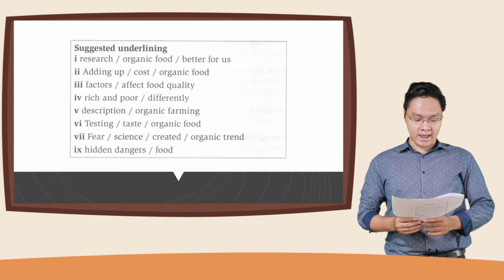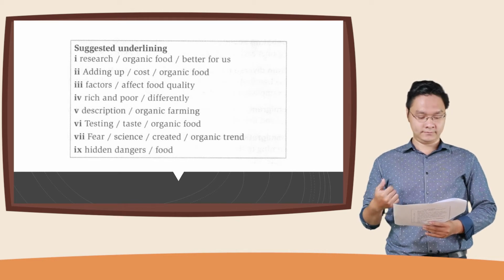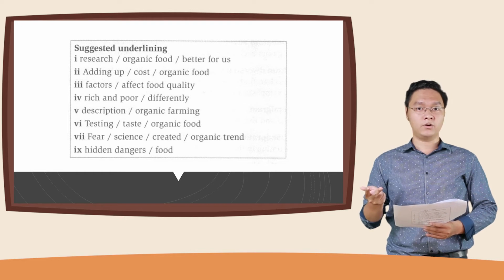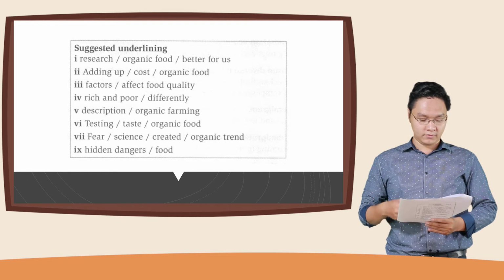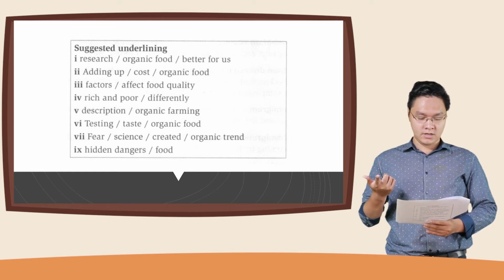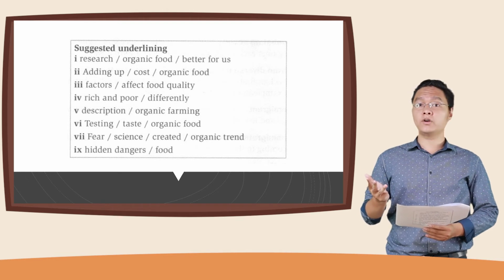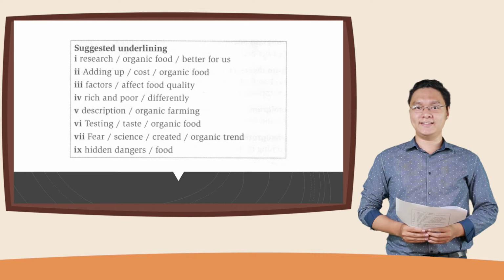Number 6, you have 3 words. Number 1, you have testing. Then you have taste. And number 3, you have organic food. Number 7, you have beer, science, created, and organic trend. Can you please underline the word created?